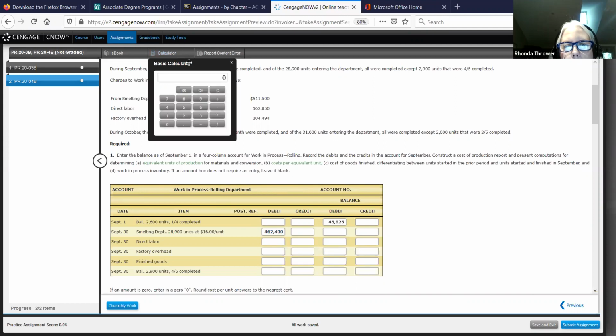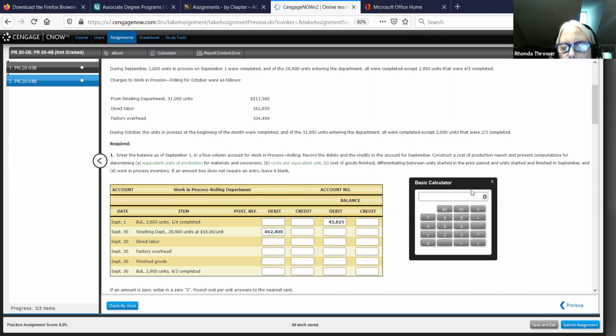So I'm going to pull out my calculator here, and I'm going to start by entering in 45,825. That was the beginning balance. That came from right here.